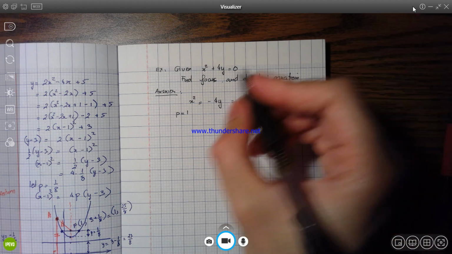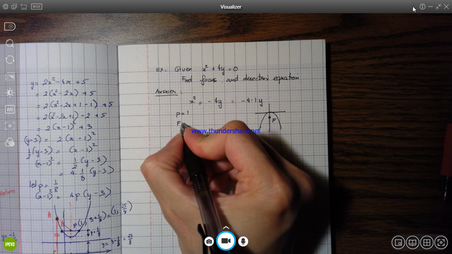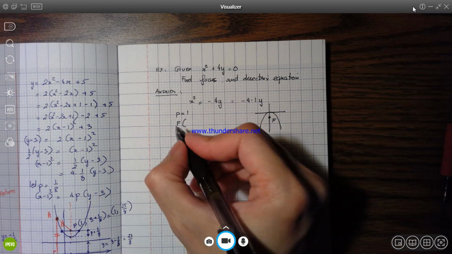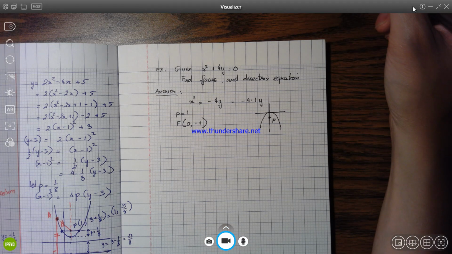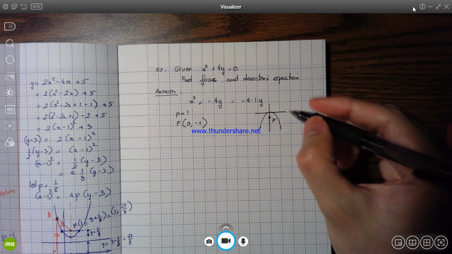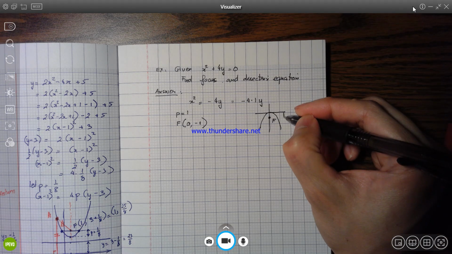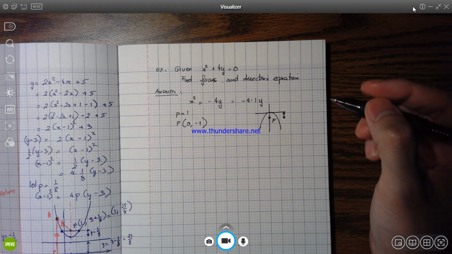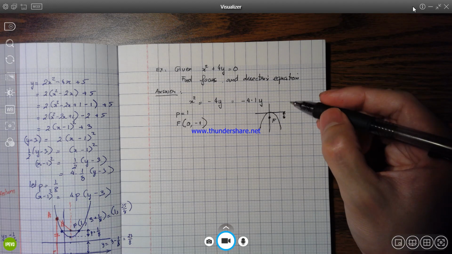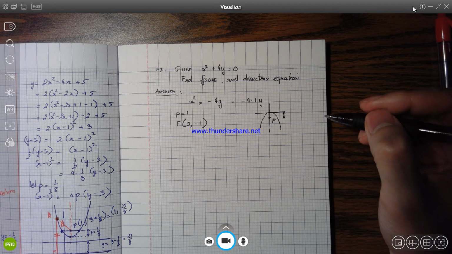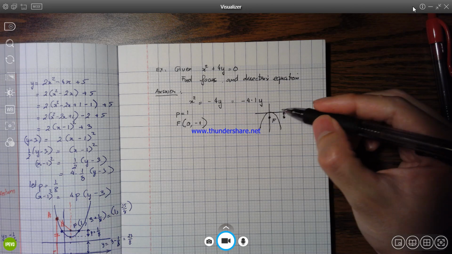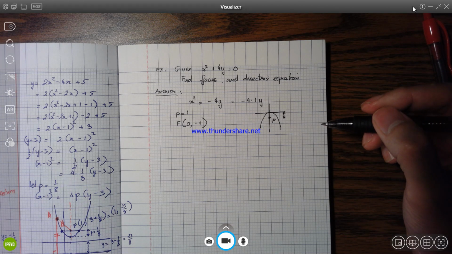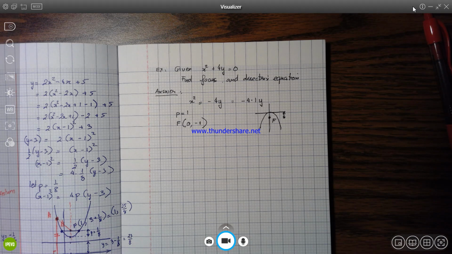The coordinate of the focus will be (0, negative 1), because p is the distance from the focus to the vertex. Since the focus is under the axis, it must be negative 1. So the focus is (0, negative 1).